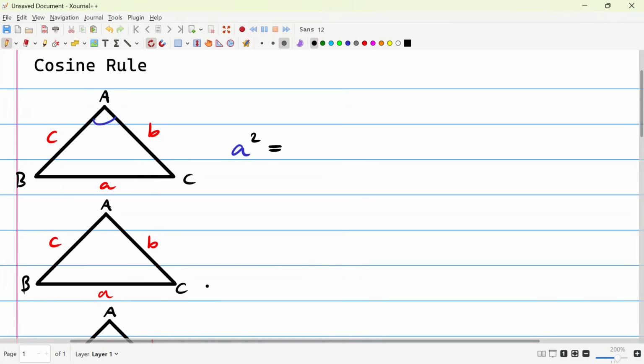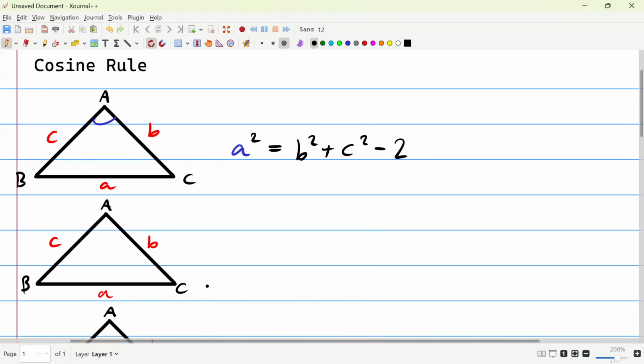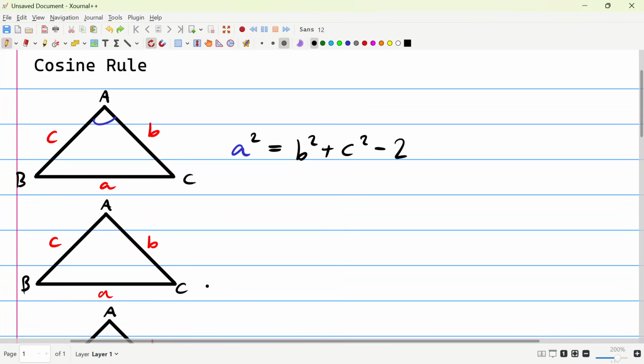So it's A squared is equal to B squared plus C squared, just as normal. But we're going to have a small addition to the Pythagorean theorem here. We're going to say minus 2 multiplied by the two sides that the angle A is between.